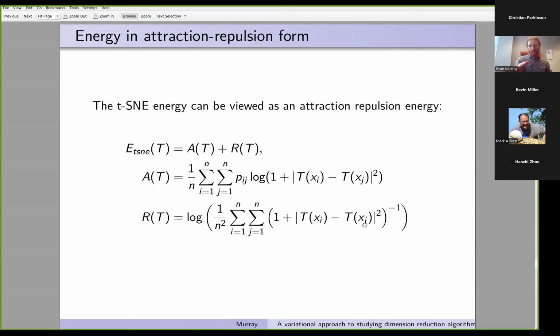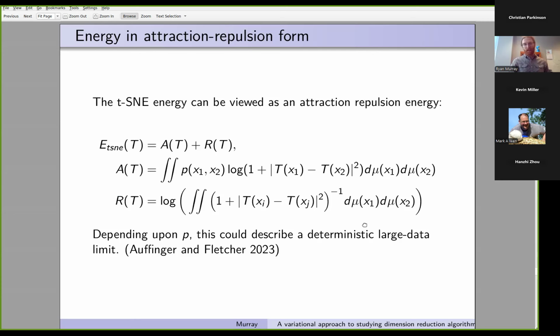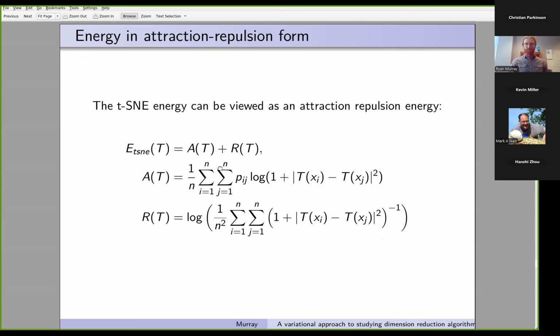Okay, now when I look at this energy, the way that I've written it, I have these double sums. And if I were to formally try to take a limit, I would expect to get double integrals as I took more and more data. So here I would have this double integral, I'd have d mu. And then here I'd have this p(x1, x2), which would come from these Pijs. So that's where the dependence on the kernel, this eta, comes in.